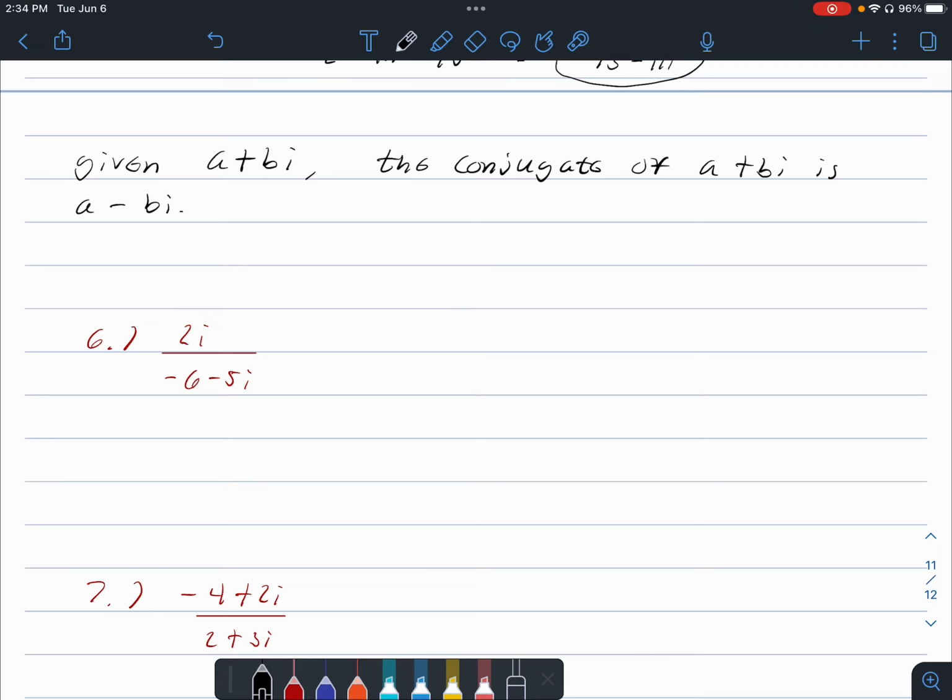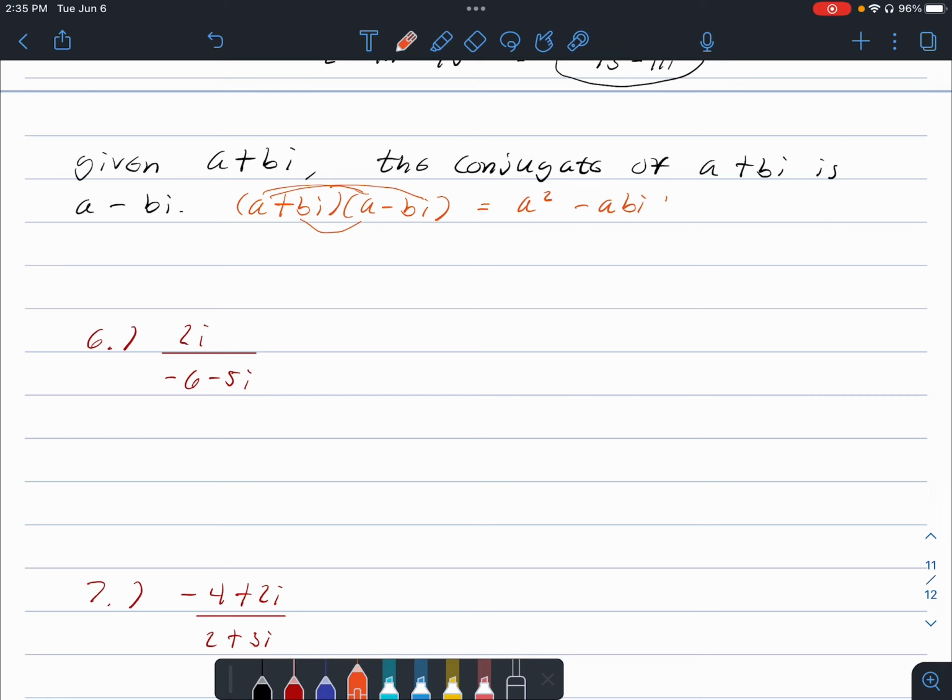So let's show this here. Let's say we want to multiply a plus bi times a minus bi. Okay, so let's do this now. We have a times a. That will give us a squared. We have a times a negative bi. So we have minus a times bi, and then we have bi times a.